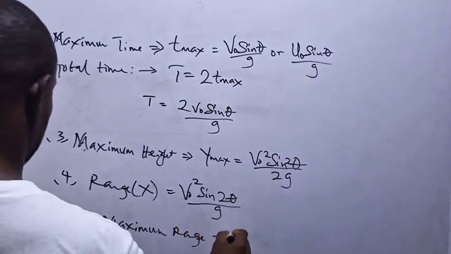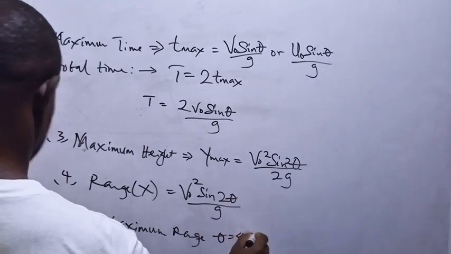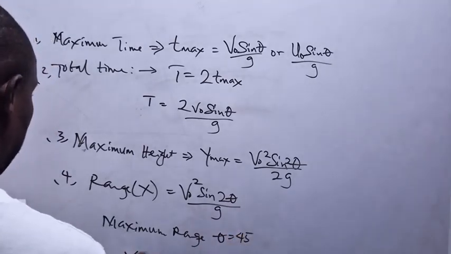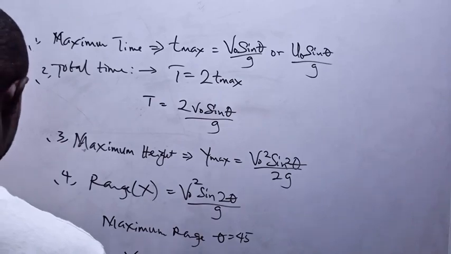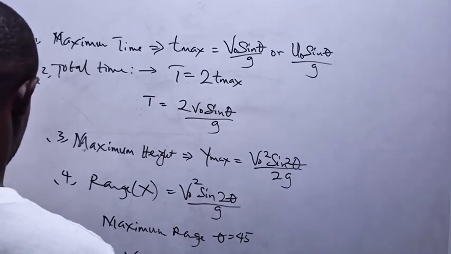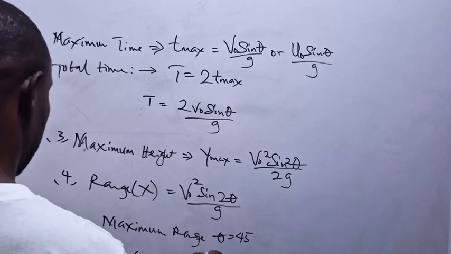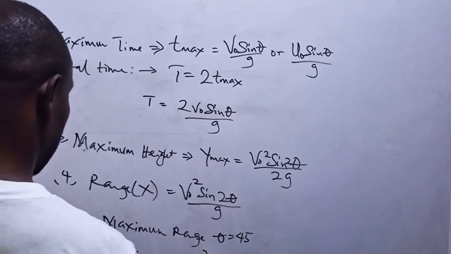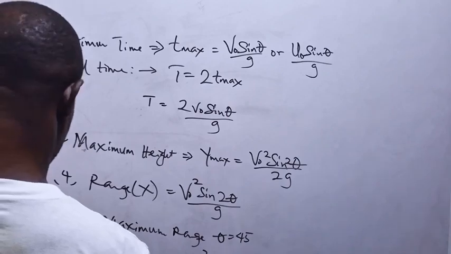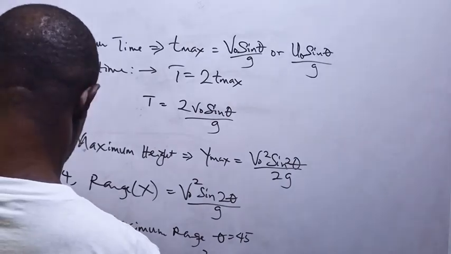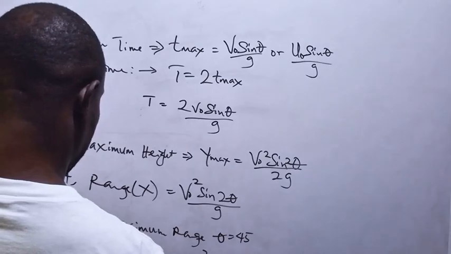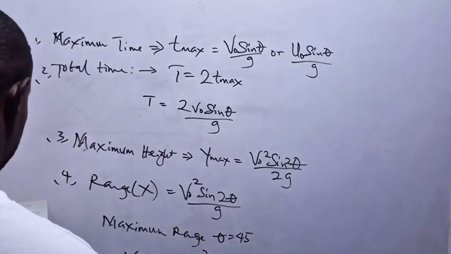I also have what we call the maximum range, where the angle theta equals 45 degrees. S max equals v naught squared sine 2 times 45, that's 2 theta.